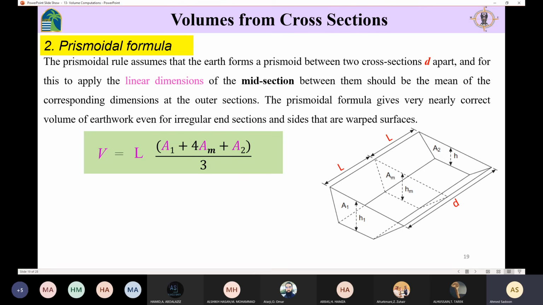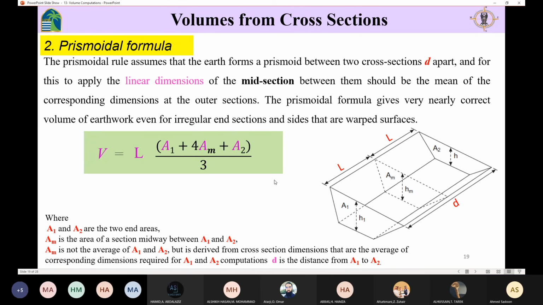So in order to use the Prismoidal formula, I need to create a section at the middle between the two areas, and then I use this formula. A1 and A2 are the two end areas. AM is the area of a section midway between A1 and A2.